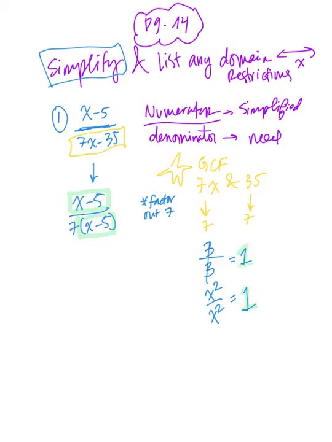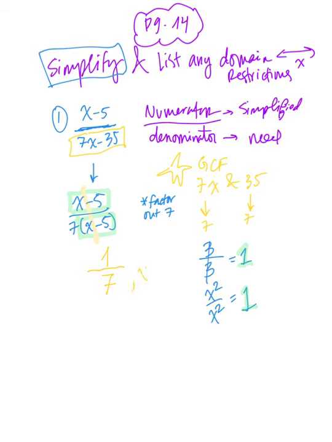Now it's almost like I don't have a numerator, but I do: I have a 1. So this simplifies to 1/7.